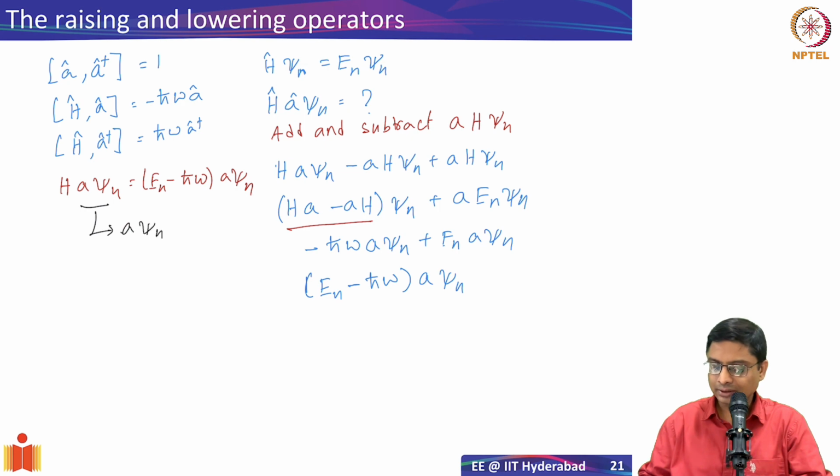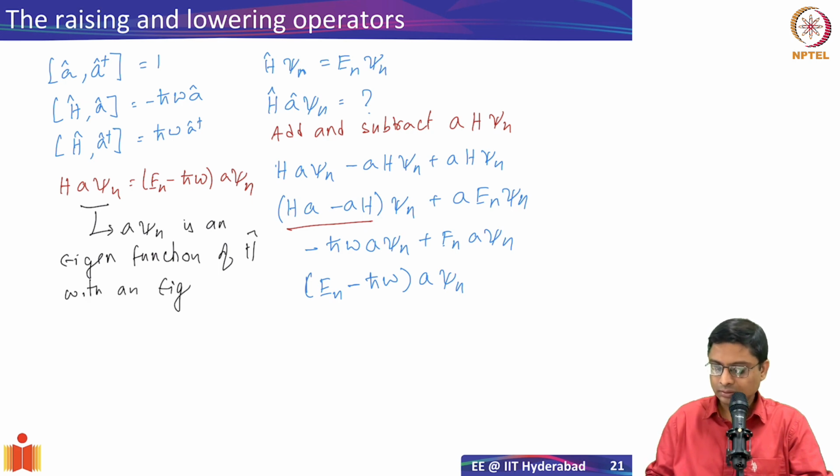So what this tells us is that A psi n is an eigenfunction of the Hamiltonian with an eigenvalue equal to the coefficient here, which is En minus h cross omega.